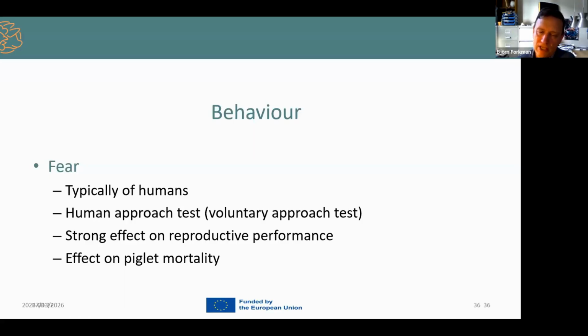This is probably because if the sow is very fearful, she will tend to react strongly when you enter the stable. And each time she stands up and then lies down again, increases the risk of crushing of the piglets.